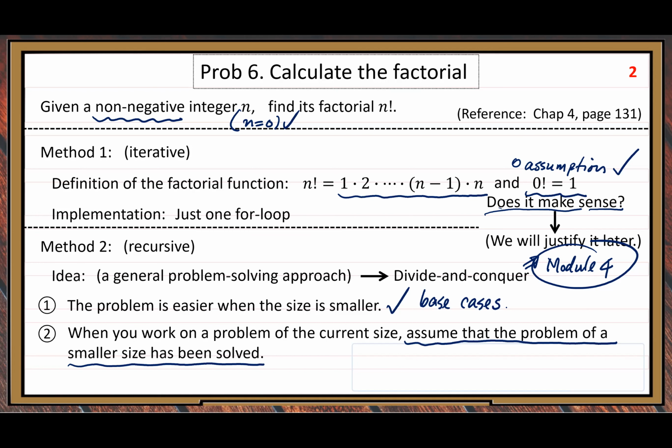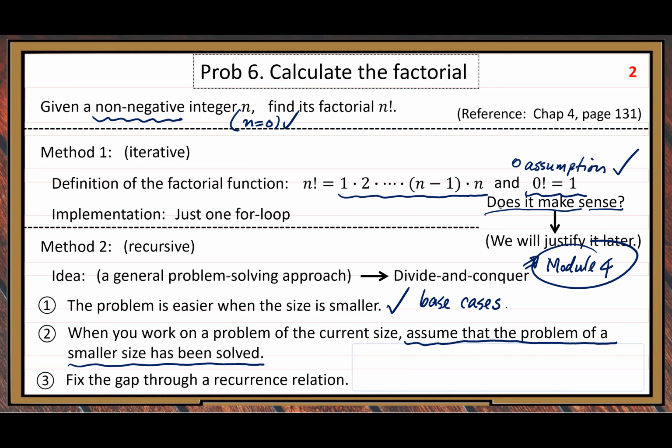Could be multiple cases. Sometimes one base case is enough. Sometimes we need more than one base case. So that's the reason we can make an assumption like this. Then, but there is a gap.